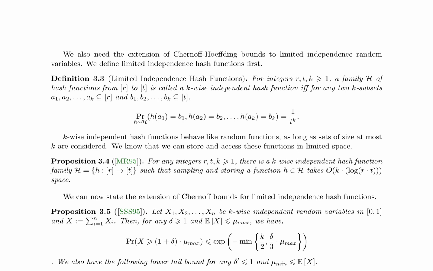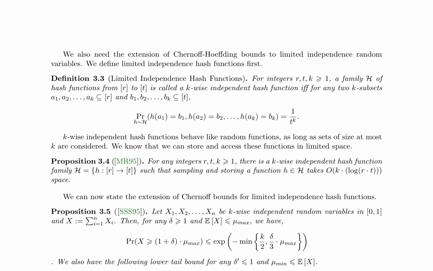These hash functions behave like random functions for sets of size at most k and can be stored and accessed in limited space. Proposition 3.4 states that for any integers r, t, k greater than or equal to 1, there exists a k-wise independent hash function family H = H: [r] → [t], such that sampling and storing a function h ∈ H takes O(k log rt) space.